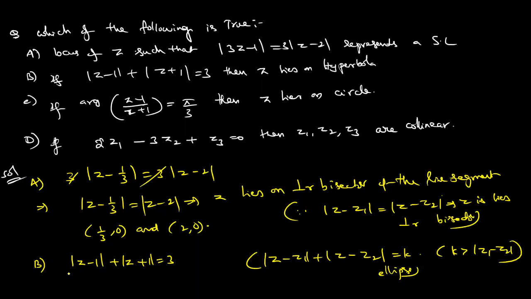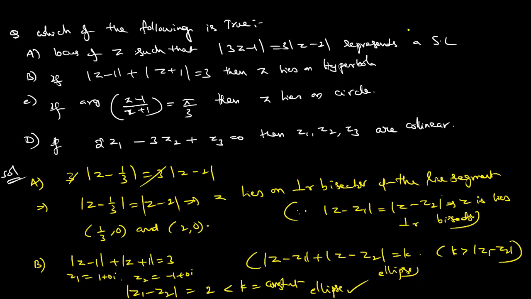So here z1 is 1 plus 0i, z2 is minus 1 plus 0i. So modulus of z1 minus z2 is how much? 2 is coming, and 2 is less than k, the constant, which is 3. So this represents an ellipse. But the condition given says hyperbola. So this is false. A is true, option B is false. What about C and D?